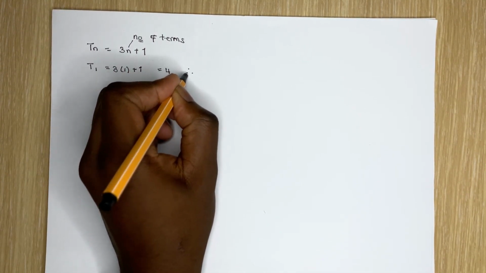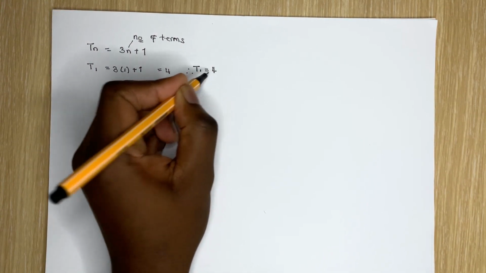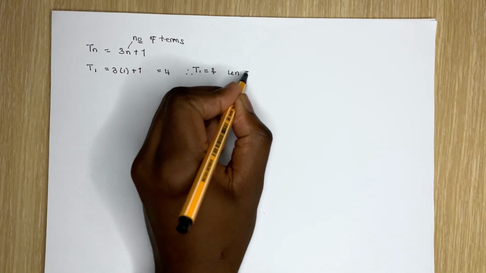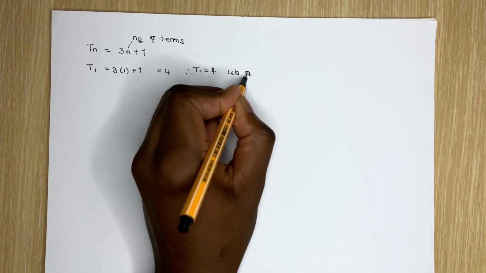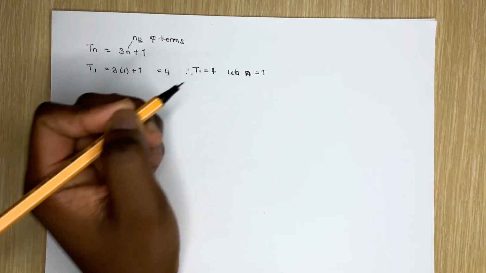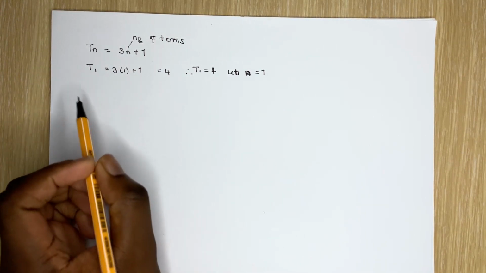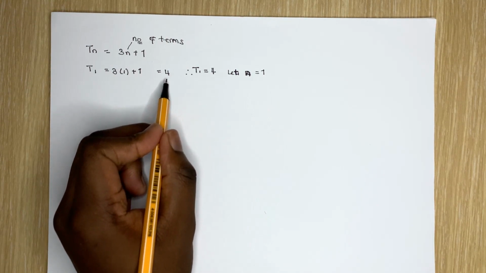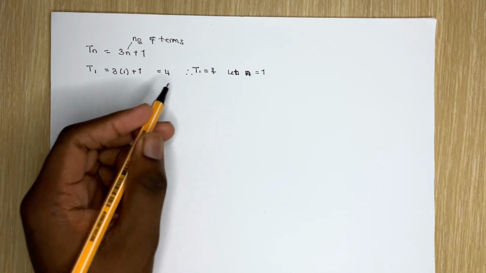So in other words, we're saying that T1 equals 4 if we let n equal 1. Okay, so if we let n equal 1, which is the first term, the general term, or rather T1, will be equal to 4.